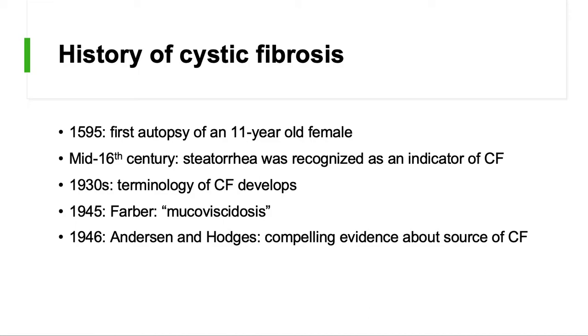In the next 6 years, di Sant'Agnese from Columbia discovered the elevation of salt, sodium chloride, in sweat as a disease index in patients with cystic fibrosis. Quickly, the sweat test became the most reliable diagnostic test to identify patients with this condition.